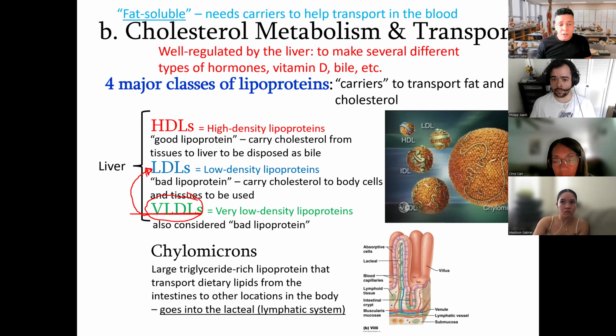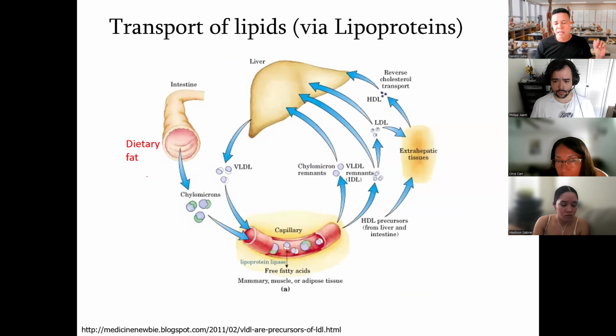If you have too little HDL, it is also problematic, because that means you don't have enough cholesterol being removed from your body. It's not that you only need one or the other. No, we need all of them, but we need to have the right ratio of each one.